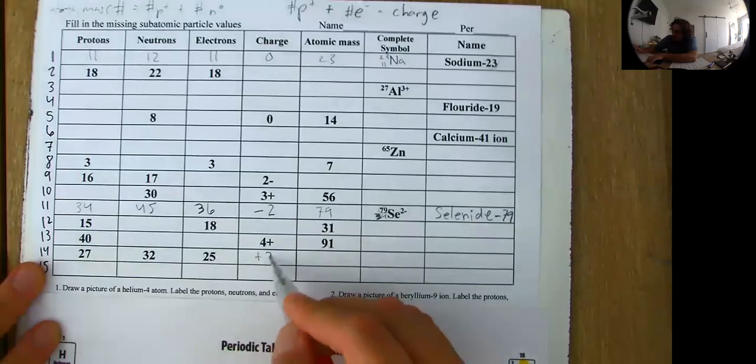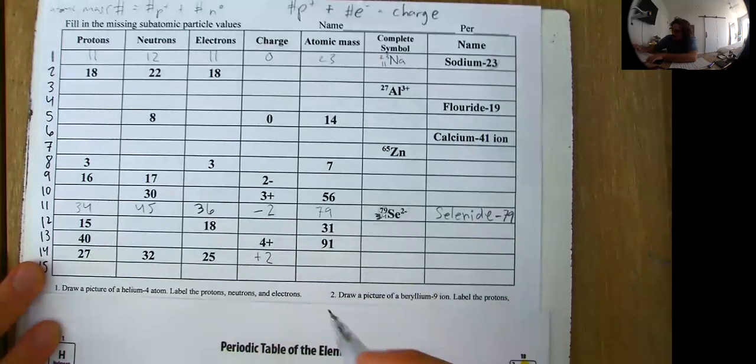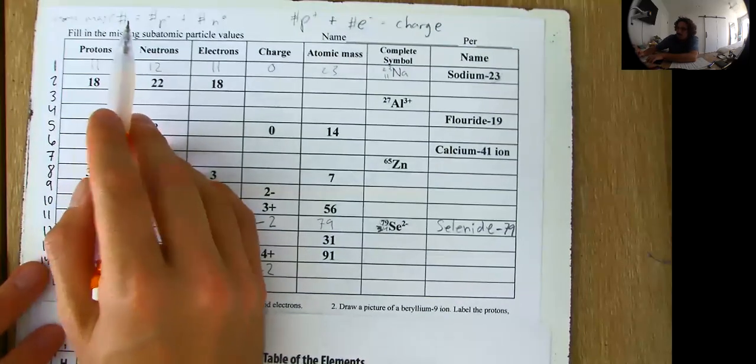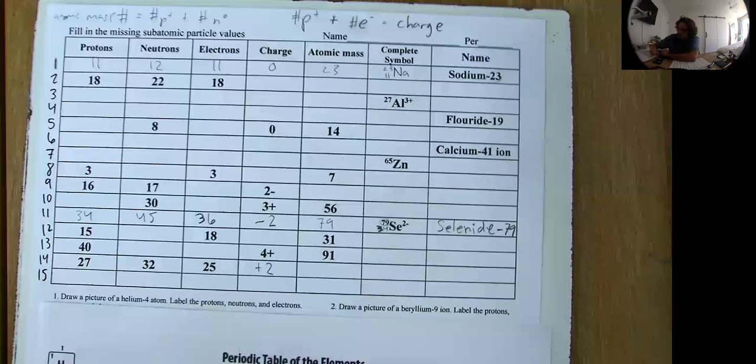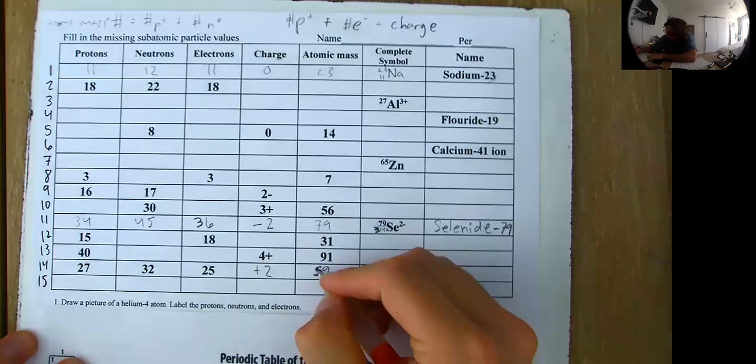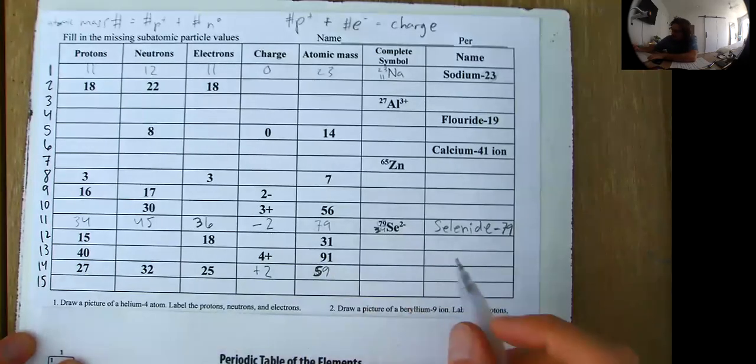That's a positive 2 charge. Okay, what's the atomic mass? Well, the atomic mass is the number of protons plus the number of neutrons, so that's 27 plus 32. That is 59 as the atomic mass. What is the symbol?